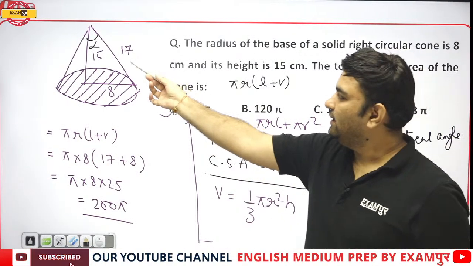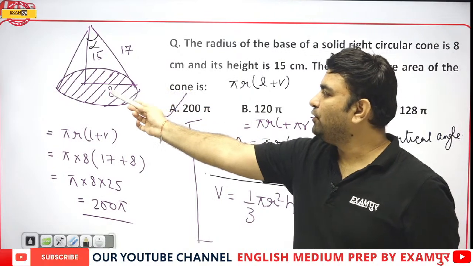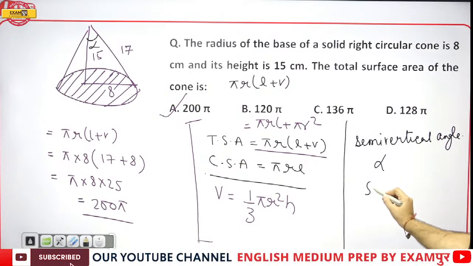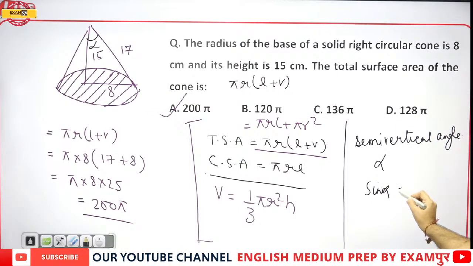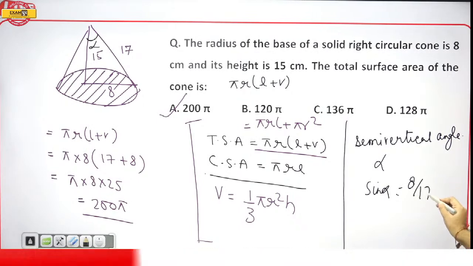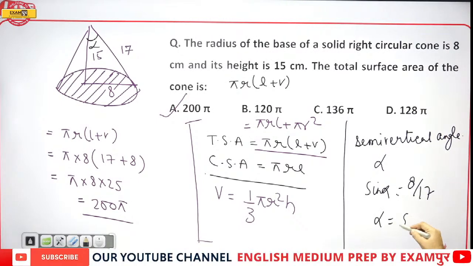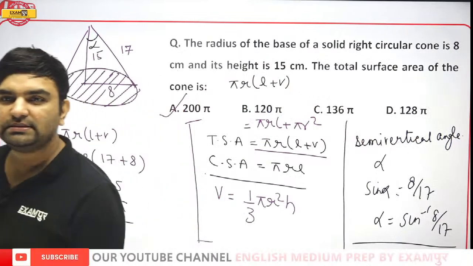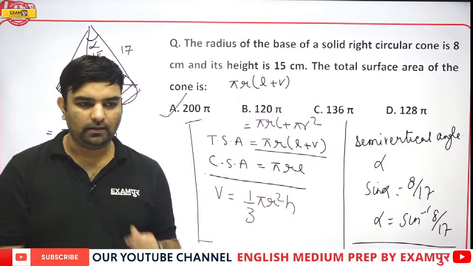So can I say that sine alpha is equal to perpendicular over hypotenuse, that is 8 over 17. So alpha is sine inverse 8 by 17.